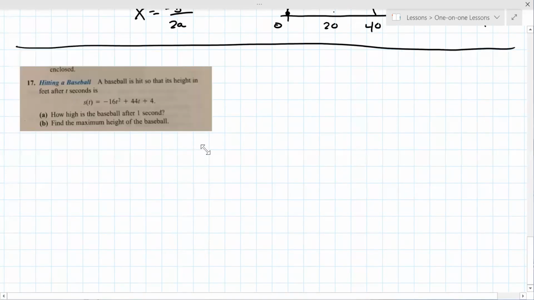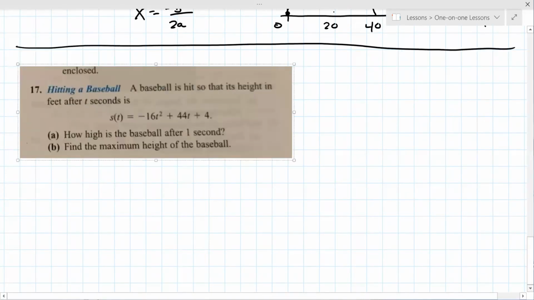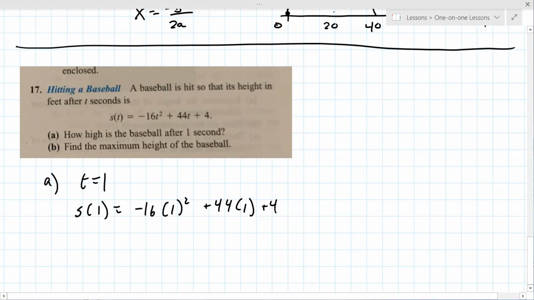They give you a function here, and when they ask you for the height of the baseball after 1 second, that's pretty straightforward because you're just going to put the value t equals 1 into the function. So it's s of 1 equals negative 16 times 1 squared, plus 44 times 1, plus 4.